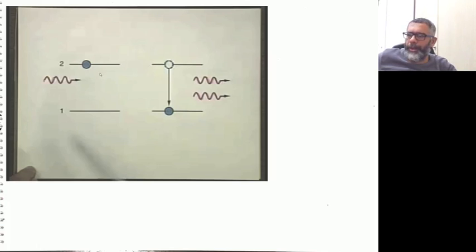But if you repeat this experiment many times, you will observe that this emitted second photon will always be emitted in the preferred direction of the initial photon. So this is strange behavior. Normally, what you would expect is that the electron will drop to the ground state and emit a photon in any direction.